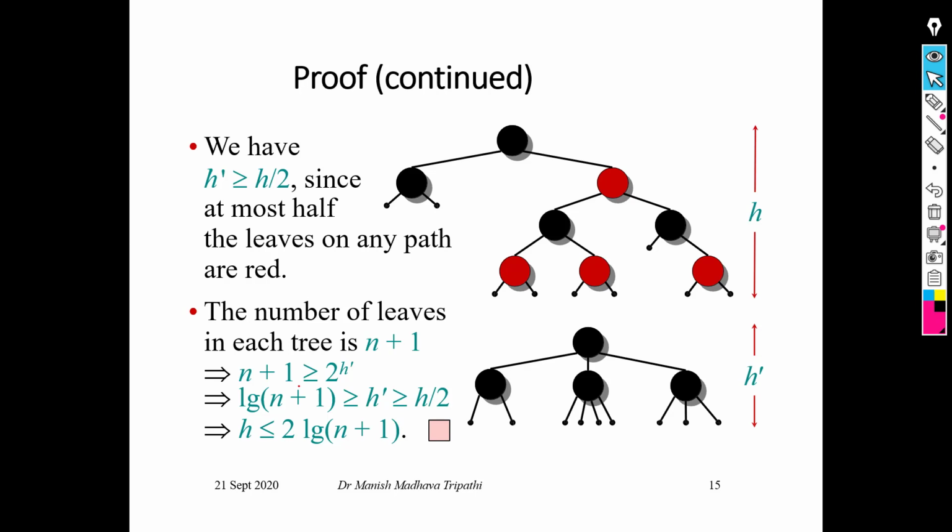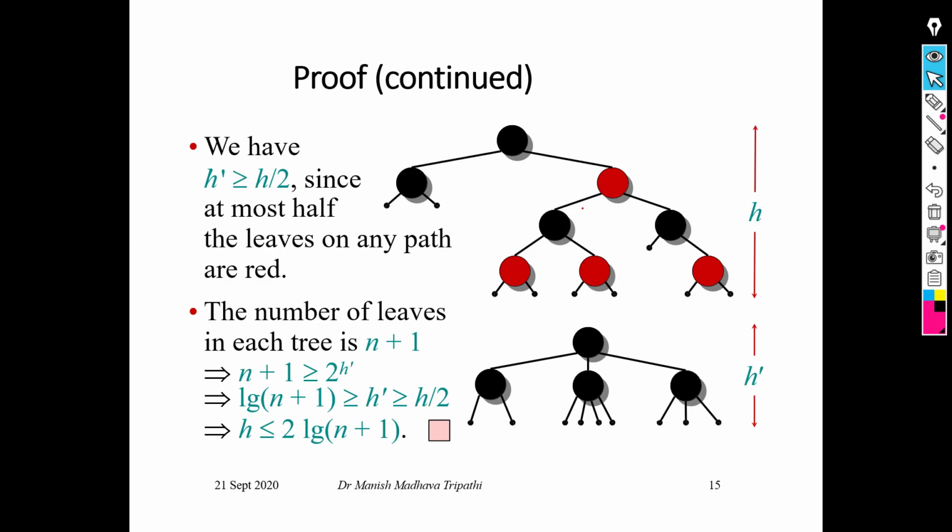Why? Because of property number 3, every red node has a black node as its parent and both of its children black. Therefore, there will be alternation of black and red nodes. If there is a red node, then it is necessary that its predecessor and its successor, both of the nodes, will be black. But this is not the case for a black node.